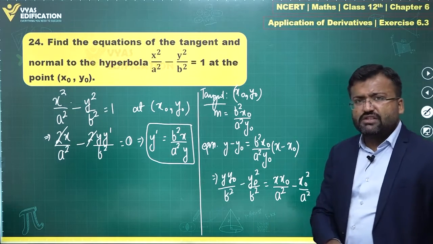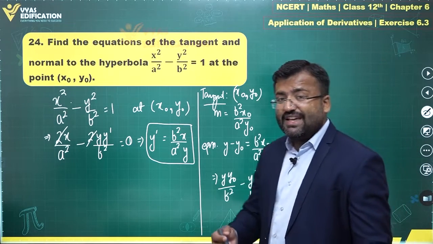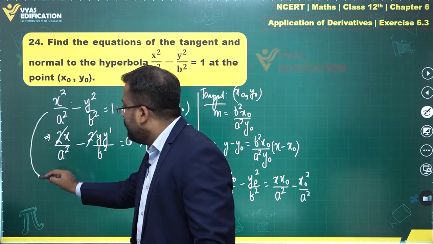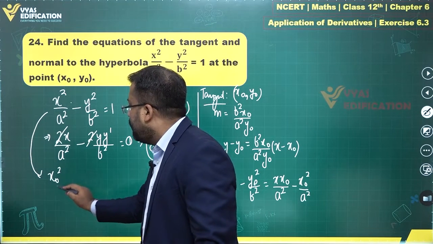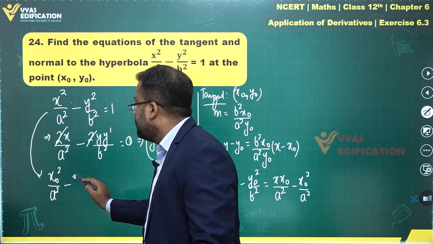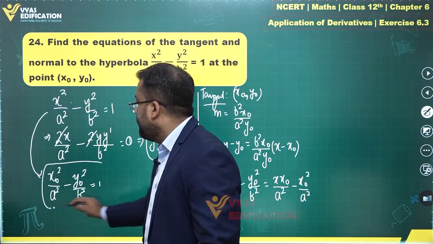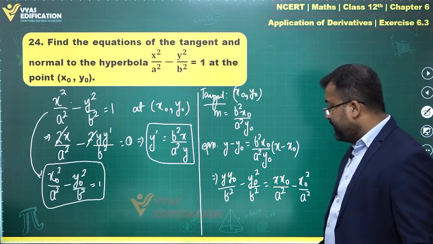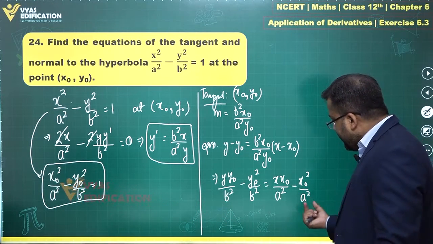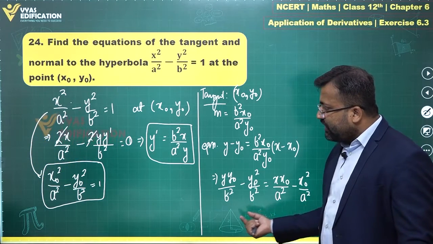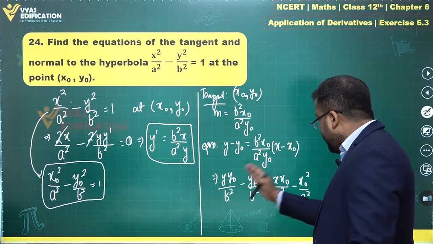And what's the benefit of this? The benefit of this is that since x naught comma y naught lies on this hyperbola, therefore we know that x naught square over a square minus y naught square over b square is equal to 1. Do we remember this? Yes. And do you observe that this, when it comes over here, x naught square upon a square minus y naught square upon b square will be simply equal to 1. So take this on that side.